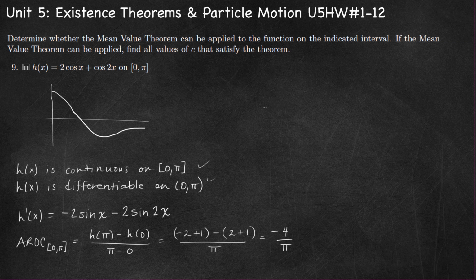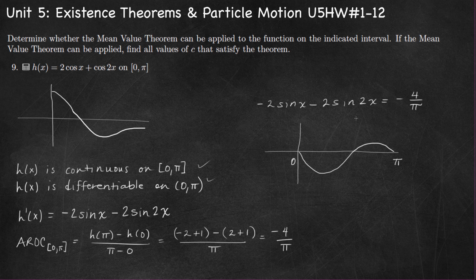So now we want to know, where does our derivative, where does -2 sine x minus 2 sine 2x equal -4 over pi? And if we solve that graphically, we can graph the left-hand side, and on our interval that looks something like so. And then we graph the right-hand side.